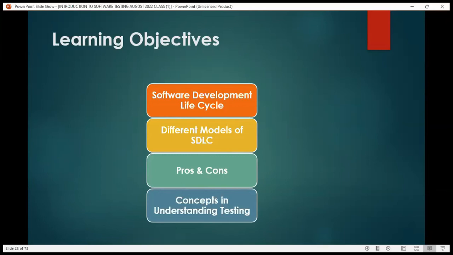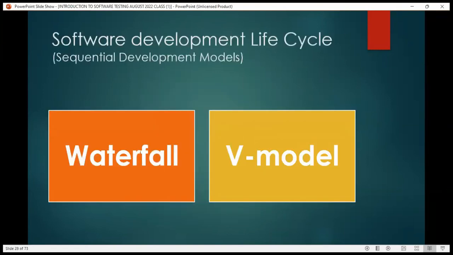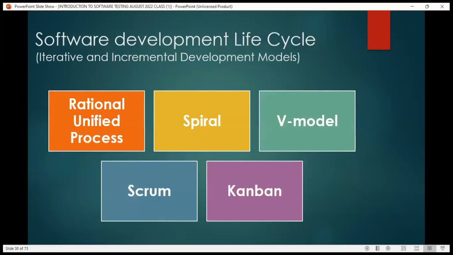And in this place, we talked about different models. We analyzed the pros and cons. We talked about the concept of understanding. These are some of the models that we actually work with. I've worked in waterfall, V model, agile, Rational Unified, spiral, all these are different ones.